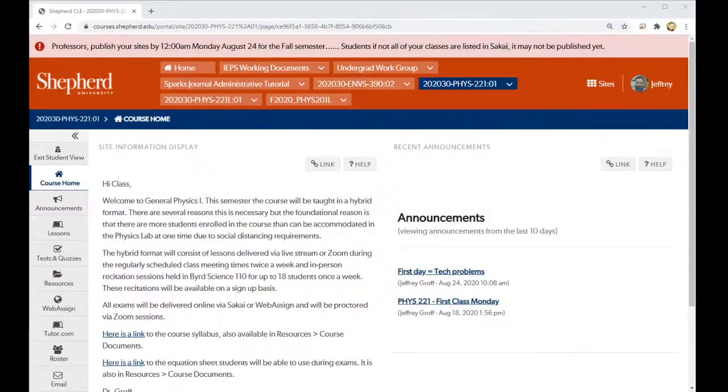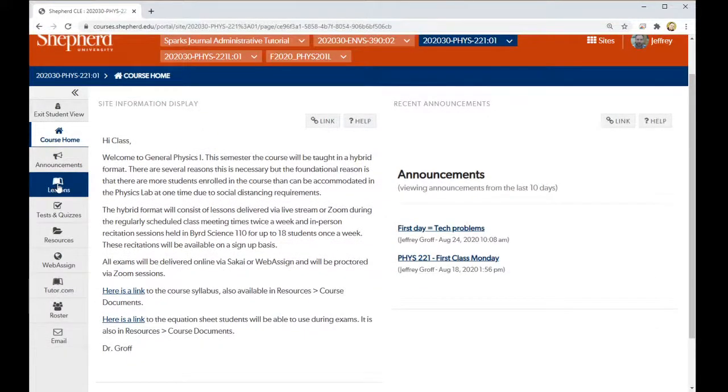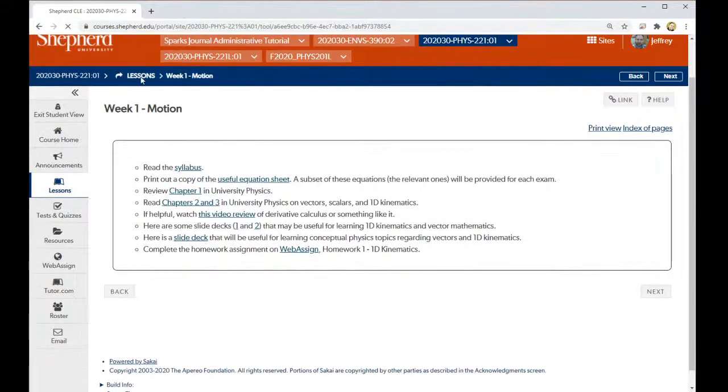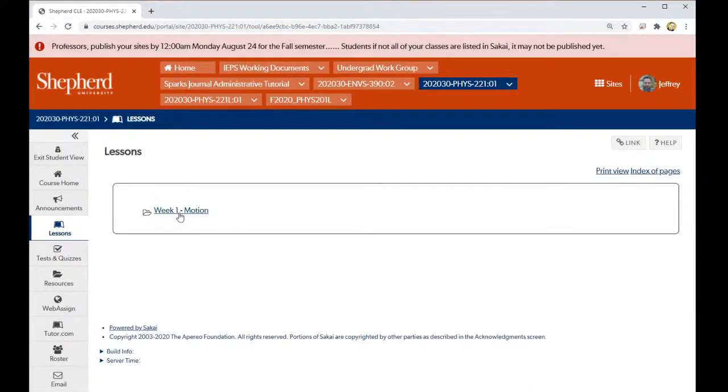All right, so here is Sakai, and I am open to our homepage. This is the student view, so this should look a lot like what you see. I've added a lessons tab to the menu here, and if you click the lessons, they'll be organized by week.